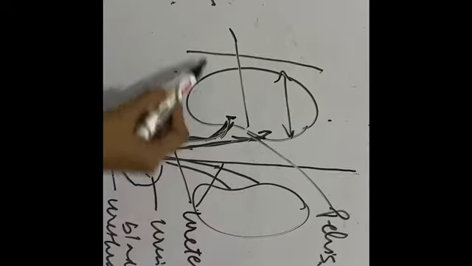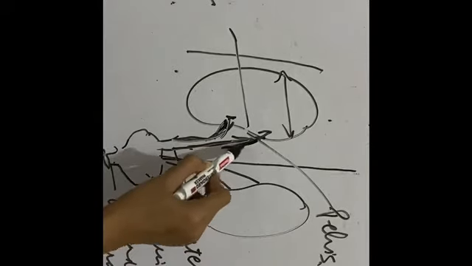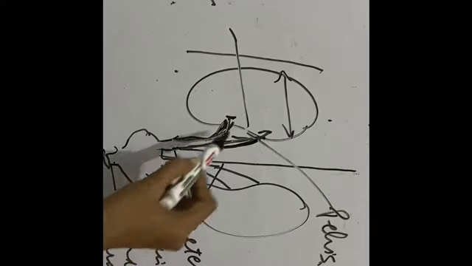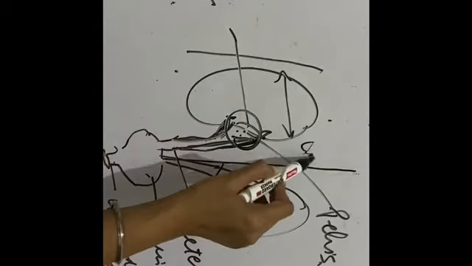The point from where the ureters arise is known as the hilum. And the ureters are wide at the beginning, from where they originate. They are wide at that spot, and this wide spot is known as the pelvis. All right.